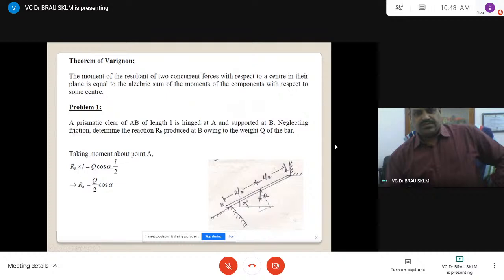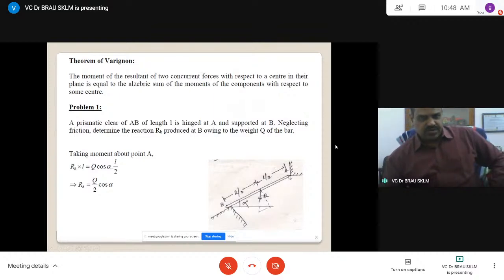RB into L, moment about this particular point. RB is the vertical reaction, and L is the perpendicular distance. Because this is upwards, this is a clockwise moment. Then Q into L by 2 cos alpha: this is also alpha, and this component is L by 2 cos alpha, the perpendicular distance.